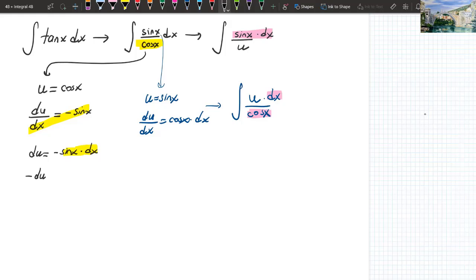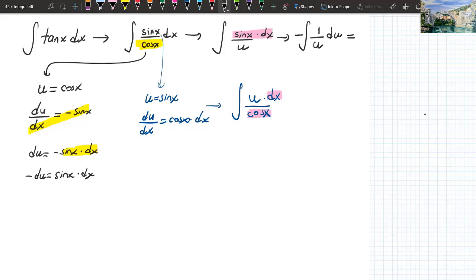Minus du is sine x times dx. Then my integral becomes 1 over u times minus du. I will put the negative sign in front of the integral. 1 over u du. Do you know the integral of 1 over u? We know how to do that. 1 over u is a famous integral.